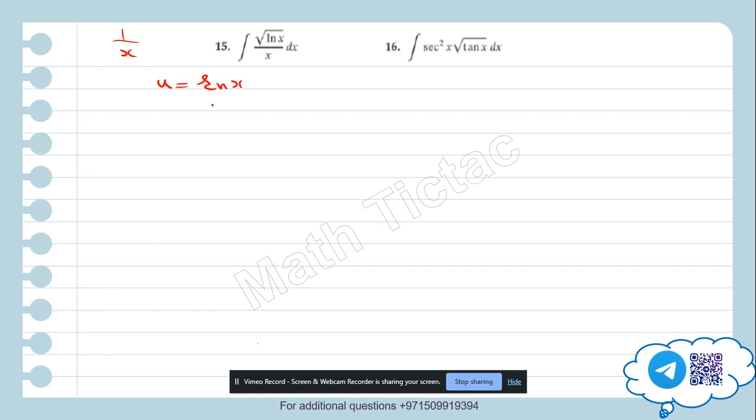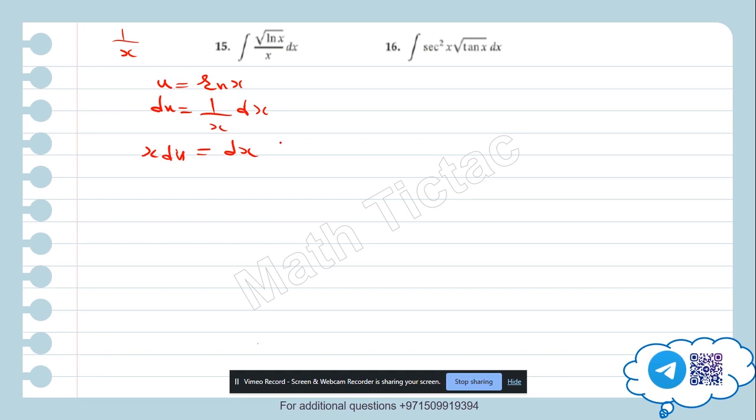There is no need for taking the square root. I have just to take the ln x. So du is equal to 1 over x dx. So now after that, we have du multiplied by x. This is equal to dx.